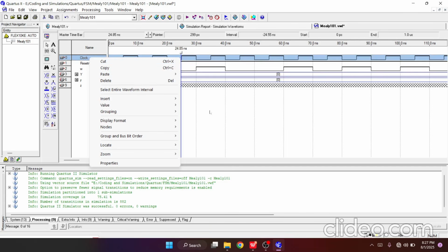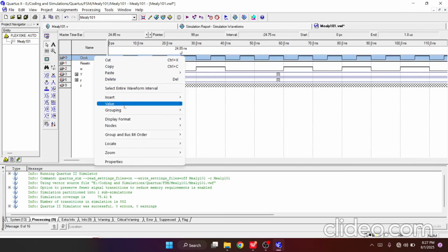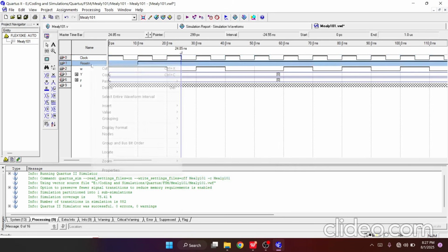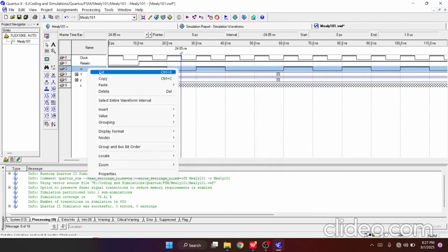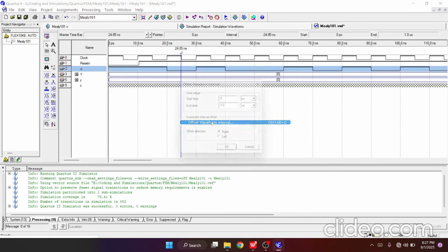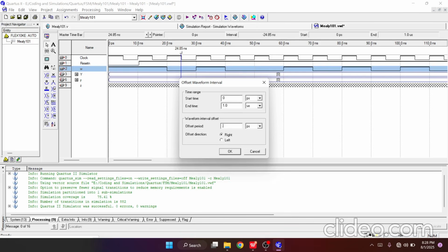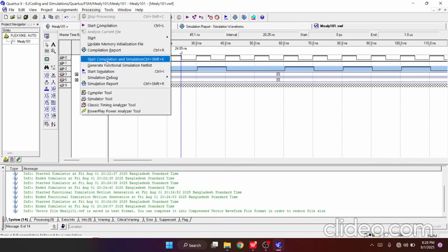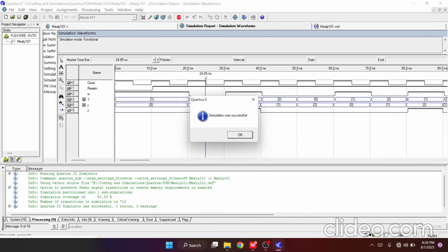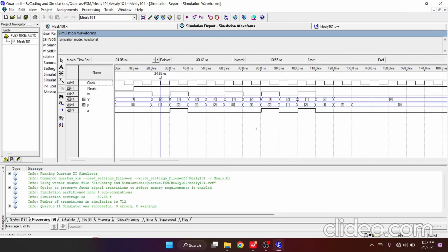Okay, invert, set point 4 nanoseconds, 4 nanoseconds. Okay, now this is okay.